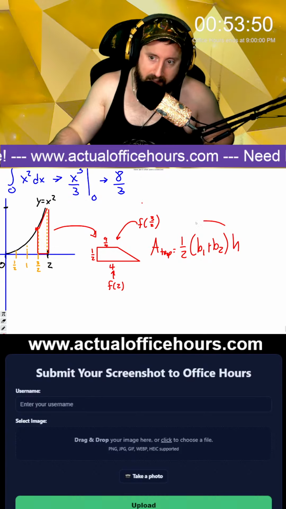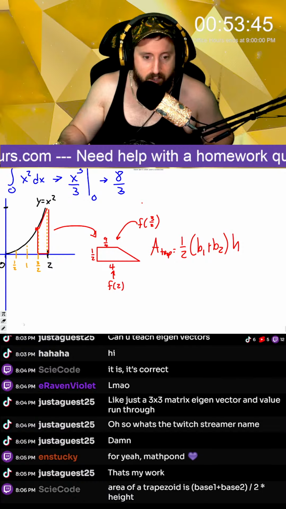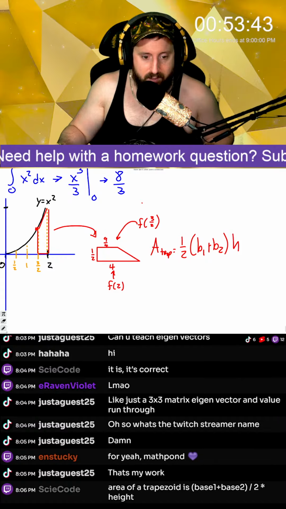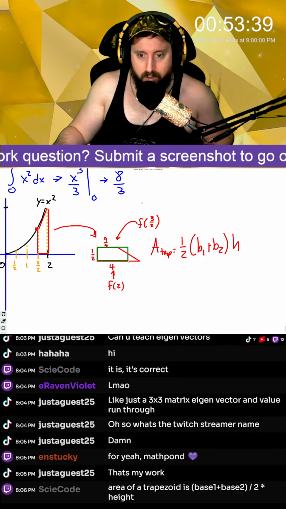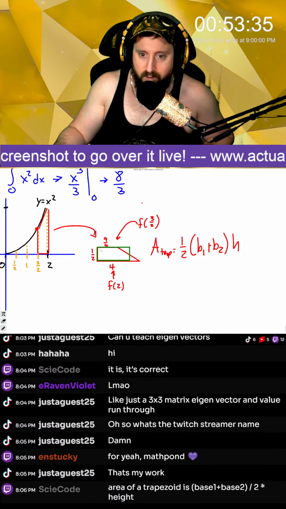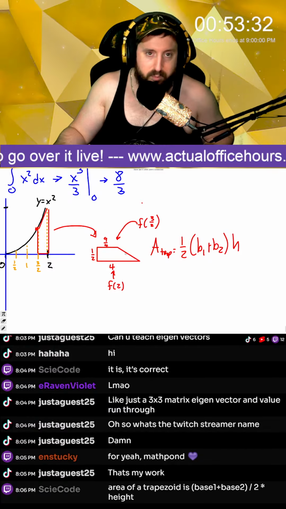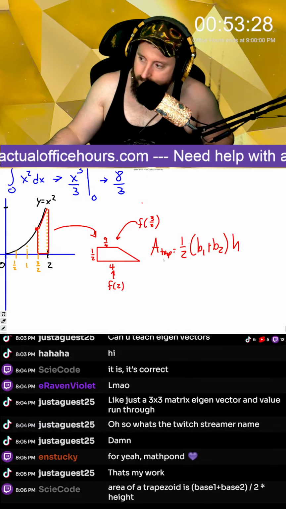Because what you're basically doing is you're averaging these two bases, and then you're multiplying by the height. You're getting what the effective, average rectangle would be. This is basically what this is, where this distance is 1/2 b1 plus b2. Okay.